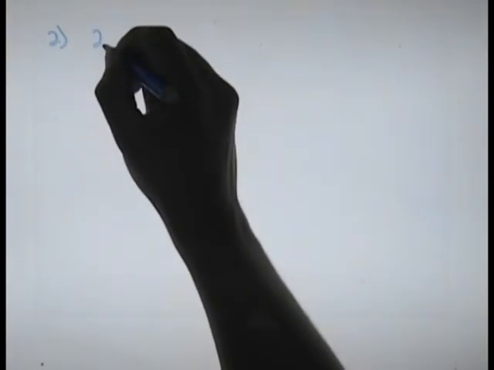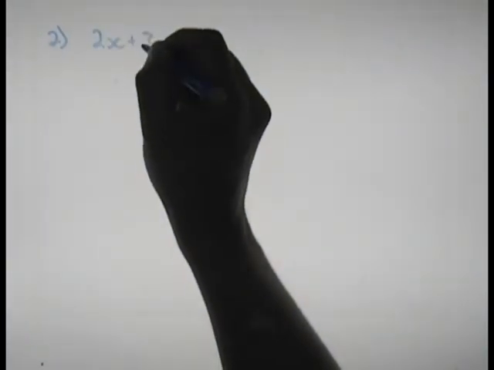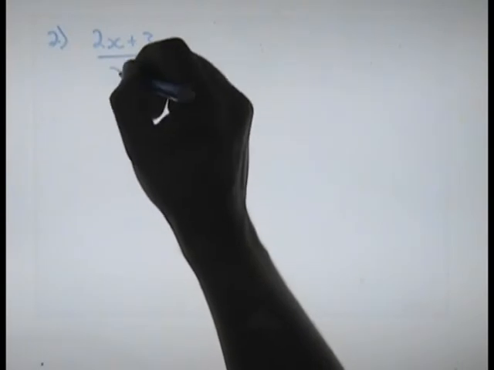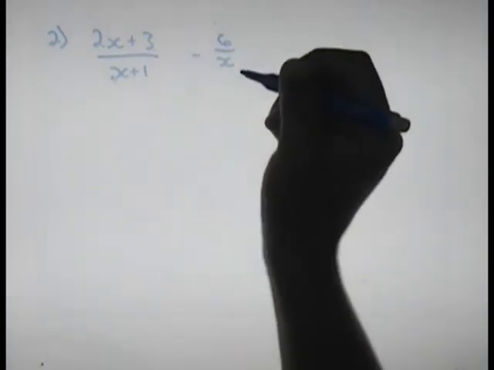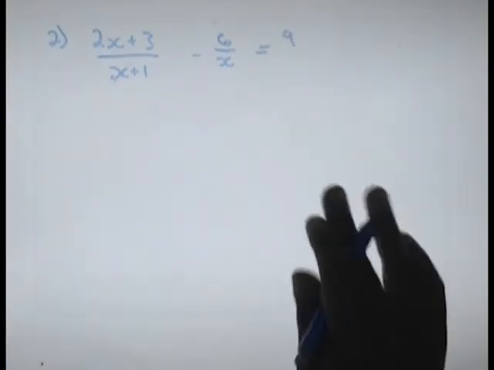The second one I gave you to do read 2x plus 3 over x plus 1 minus 6 over x is equal to 9.